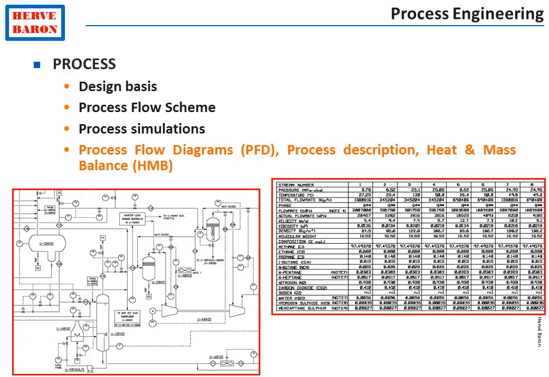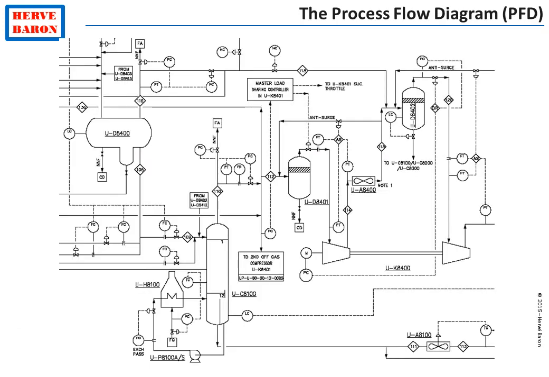Let's have a look at the type of equipment that we have on the process flow diagram. There are separation equipment, such as this equipment here and this column. We have heat exchange equipment, such as this air cooler or this furnace.